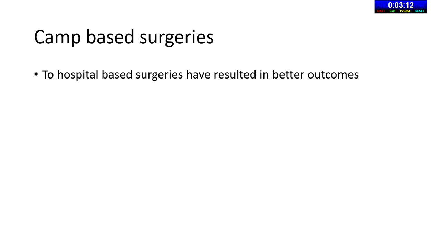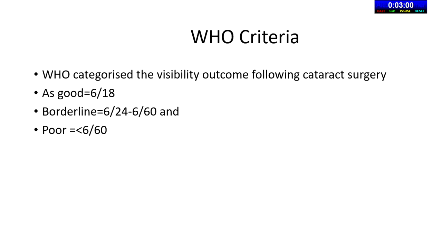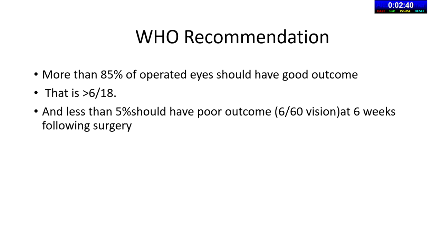Earlier, camp-based surgeries were of concern, but the transition from camp-based surgeries to hospital-based surgeries has resulted in better outcomes. WHO categorizes the visual outcome following cataract surgery as good if the visual acuity is 6/18 or better 6 weeks postoperatively, borderline if the visual acuity falls between 6/24 and 6/60, and poor if visual acuity is less than 6/60 6 weeks postoperatively.